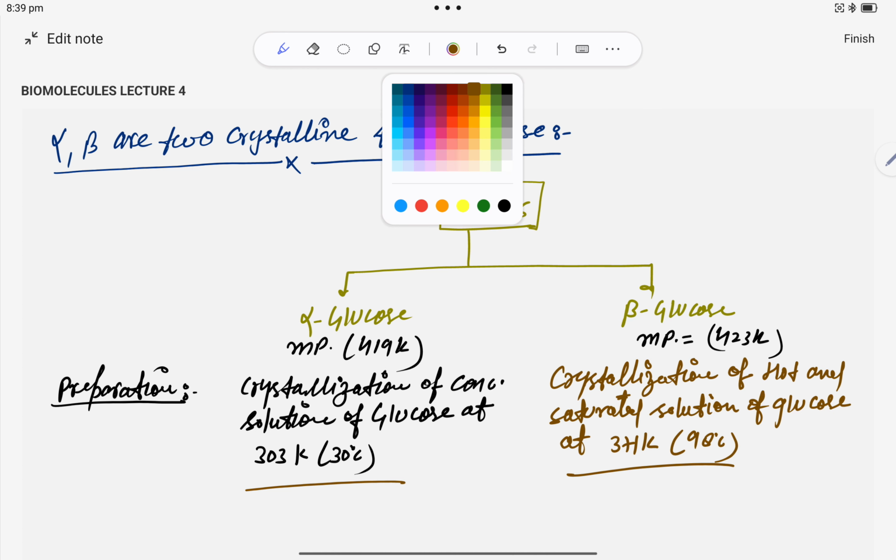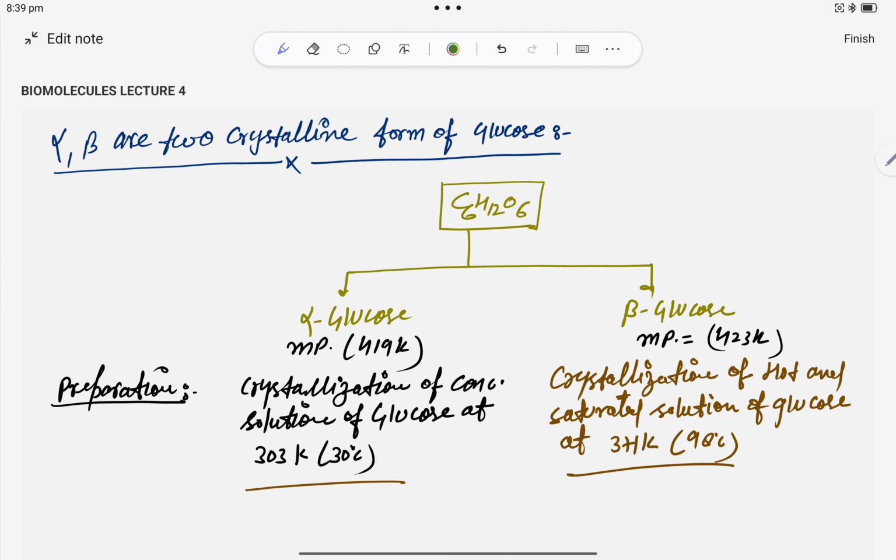Tell me, children, one thing, which one is more stable in that case? So beta D glucose is more stable. Why more stable? Because it has a higher melting point as compared to alpha, 419 Kelvin and here 423 Kelvin. So it will melt at a higher temperature, so it is more stable than alpha.